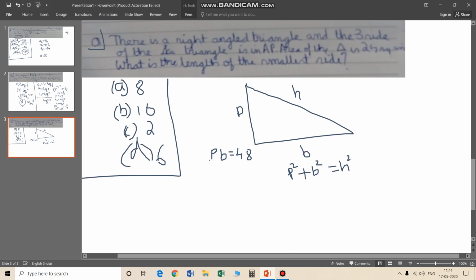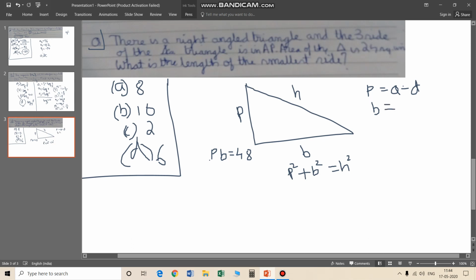Now let's write the terms P, B and H in the form of some variables. Let P be A minus D. Because they are in AP, we can write this. And B is A, where D is the common difference.